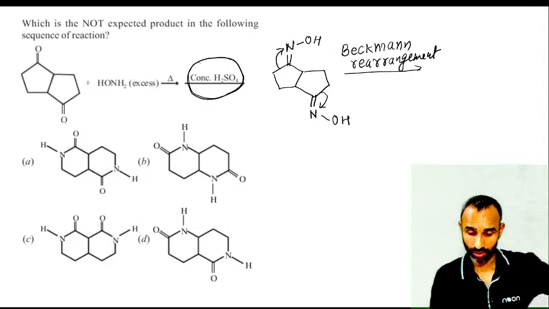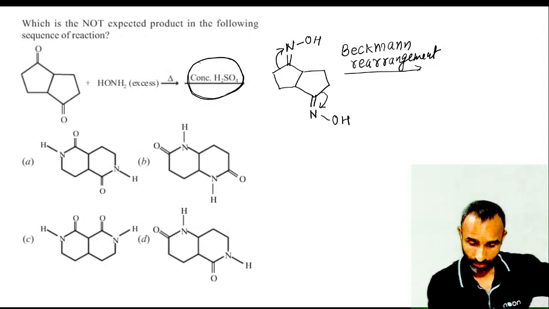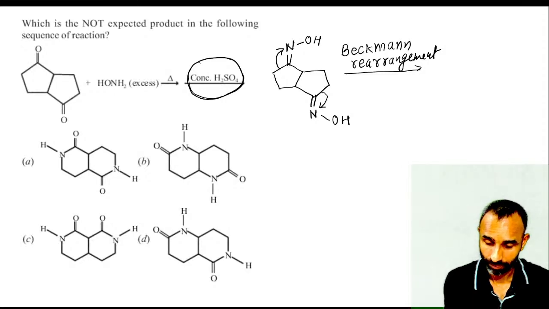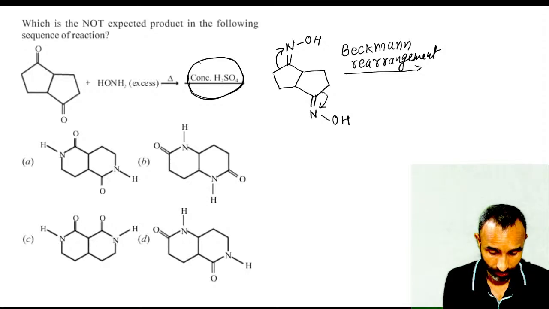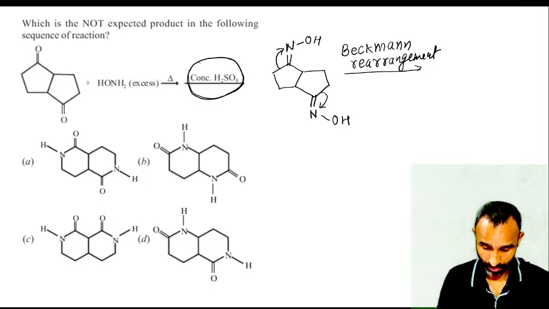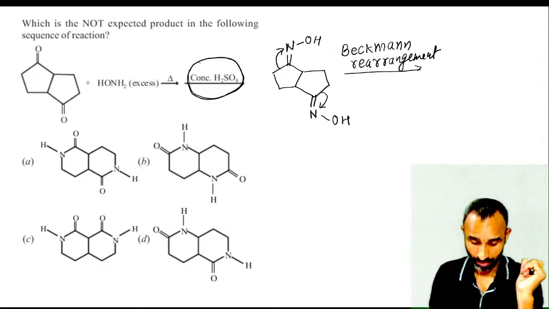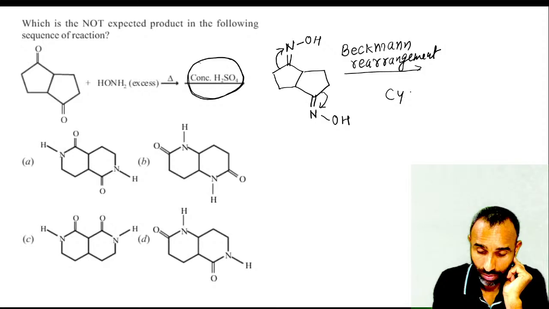So which one is the expected product? What is the right option? C. It will lead to the formation of cyclic amides.